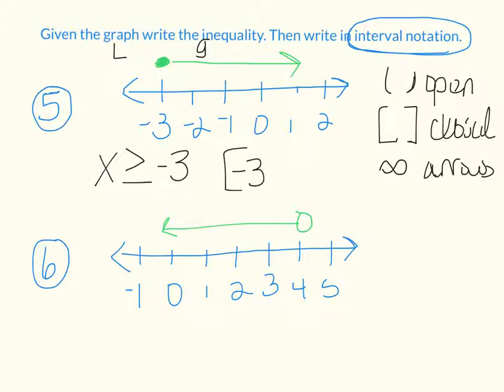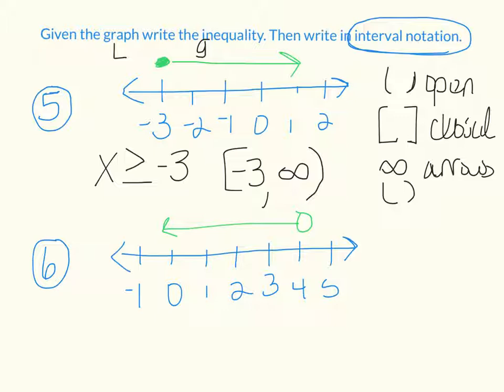Then we have a comma, and we ask ourselves, where is the graph going? The graph just keeps going forever and ever. When it goes forever, we call that infinity, and infinity always has a parenthesis. This is interval notation. All right, let's look at the next one.